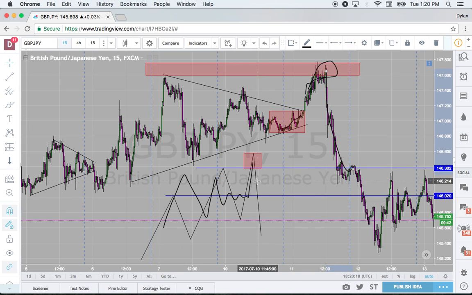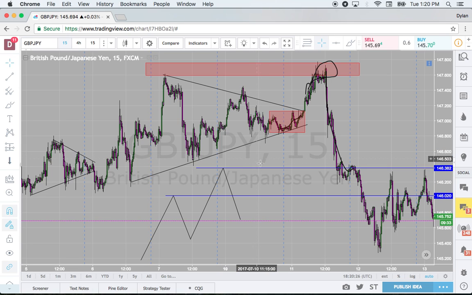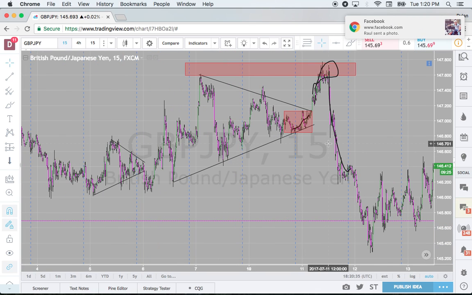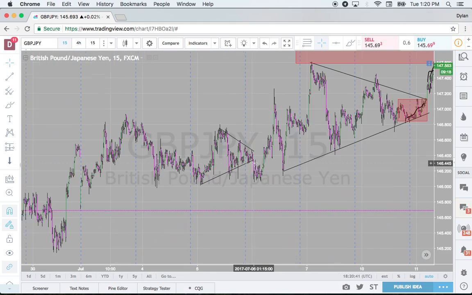So basically that is the concept behind this entire trade, this entire setup. And now that you know that concept, it's a lot easier to understand these fractal scenarios, these multi-fractal setups.